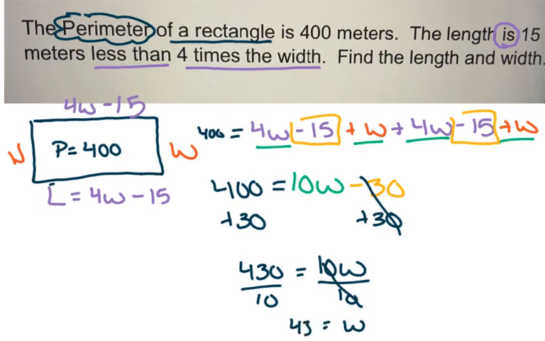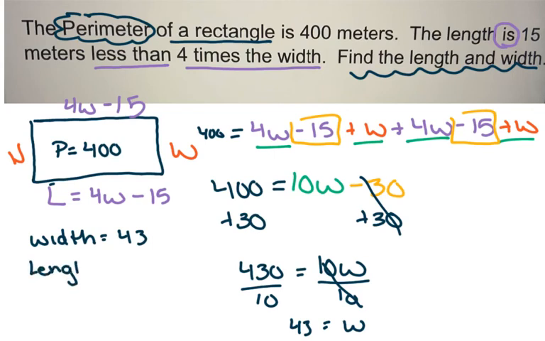Now we have to go back and actually answer the question. It says find the length and the width. So that means my length, so if my width is 43, my length is going to be 4 times 43 minus 15.